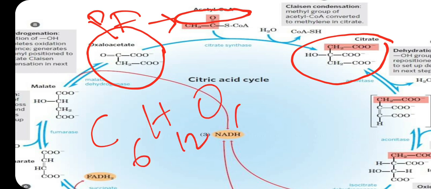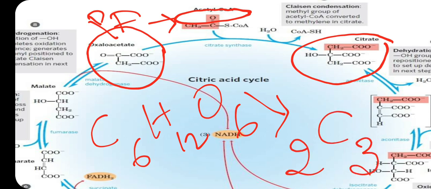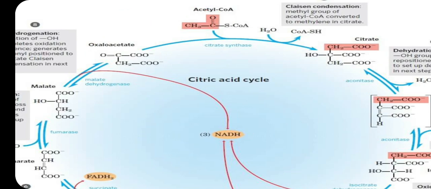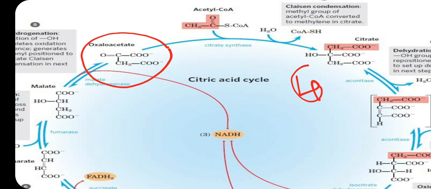Out of C6H12O6, we have seen the production of 2 C3 compounds, that is pyruvic acid. From this pyruvic acid, 1 carbon is eliminated. We are left with the 2 carbon atoms that come in the acetyl coenzyme A. Those 2 carbon atoms will combine with the oxaloacetate, which is a 4 carbon compound, producing a 6 carbon compound, citric acid.